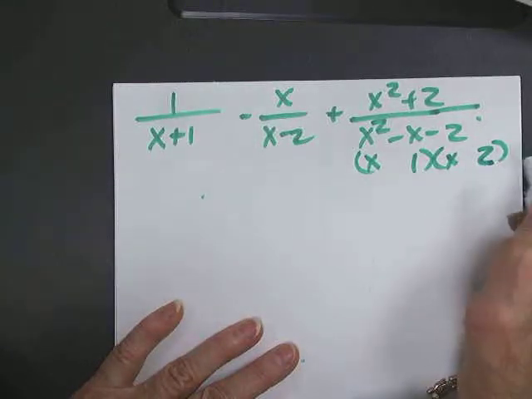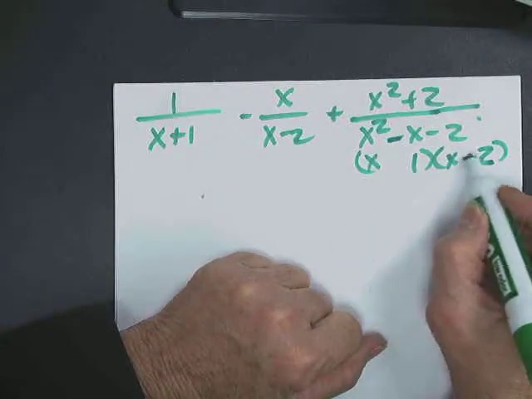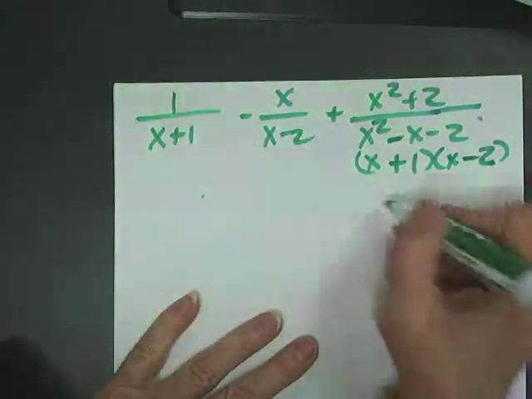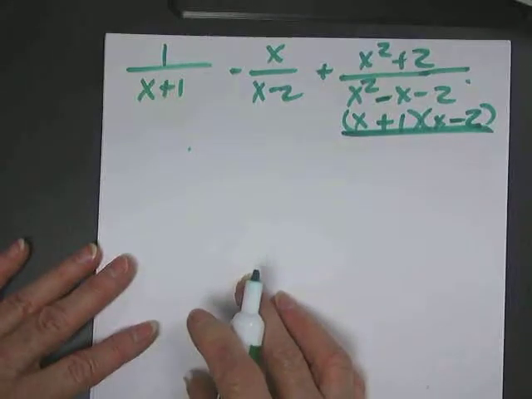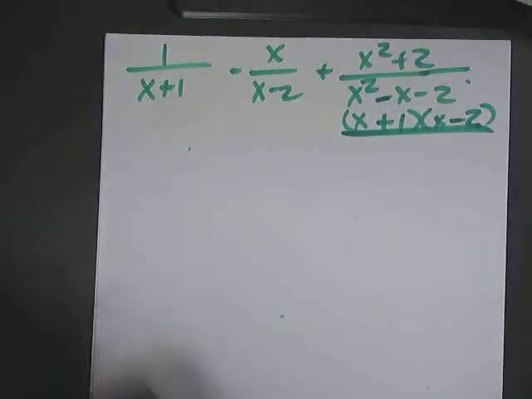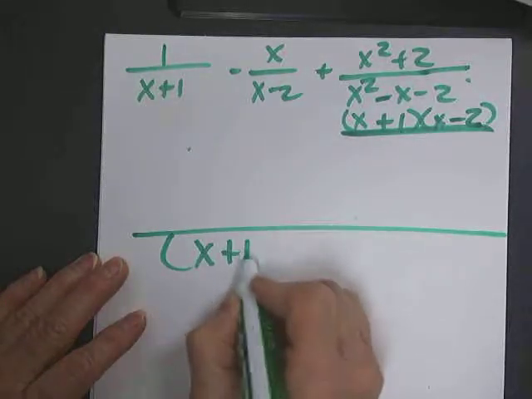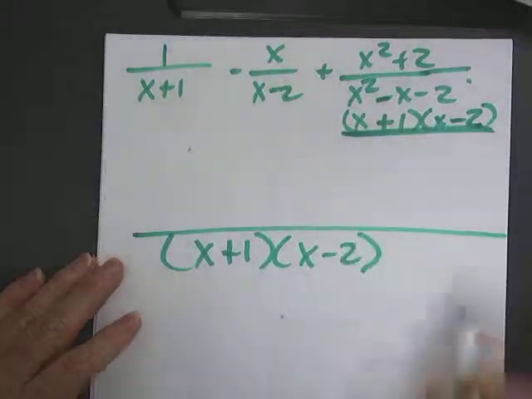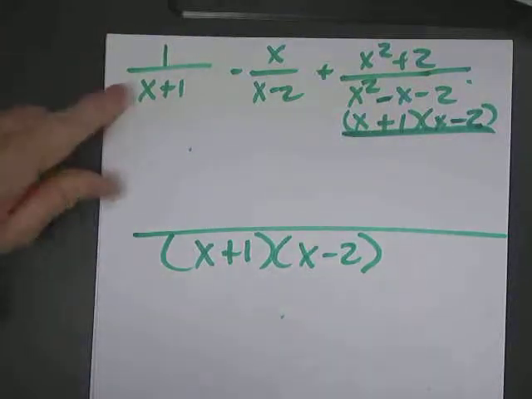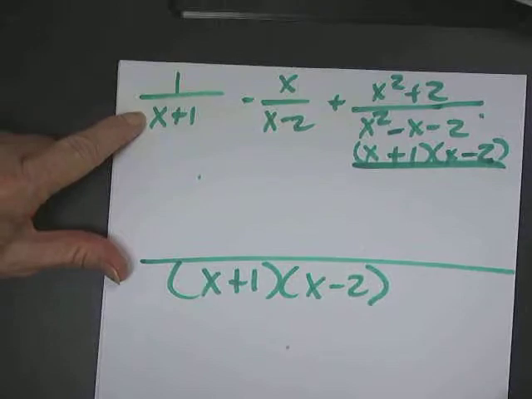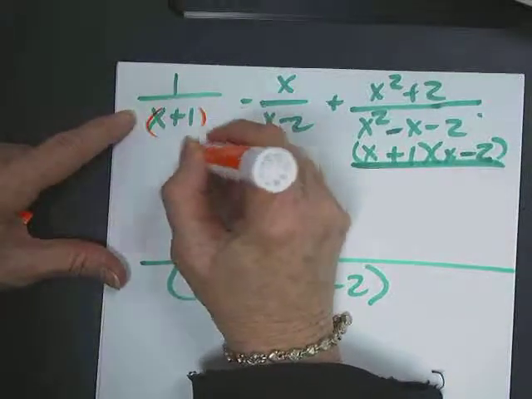Okay. Let's do it with 3 terms, and addition and subtraction and stuff. Since I enjoy this so much. Ooh, it's almost time. Okay, 1 over x plus 1, minus x over x minus 2, plus x squared plus 2 over x squared minus x minus 2.